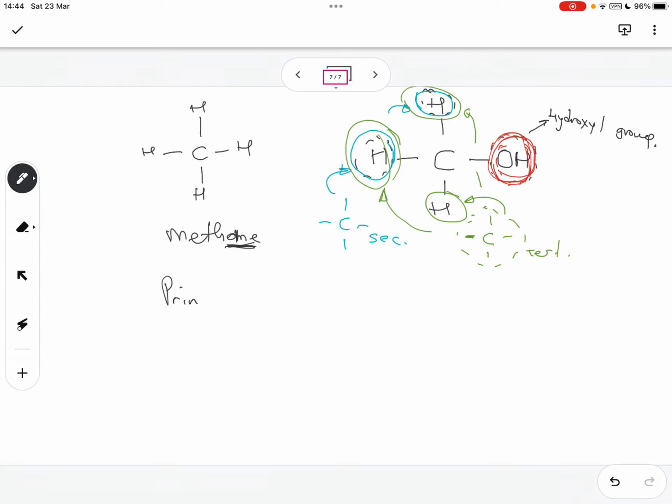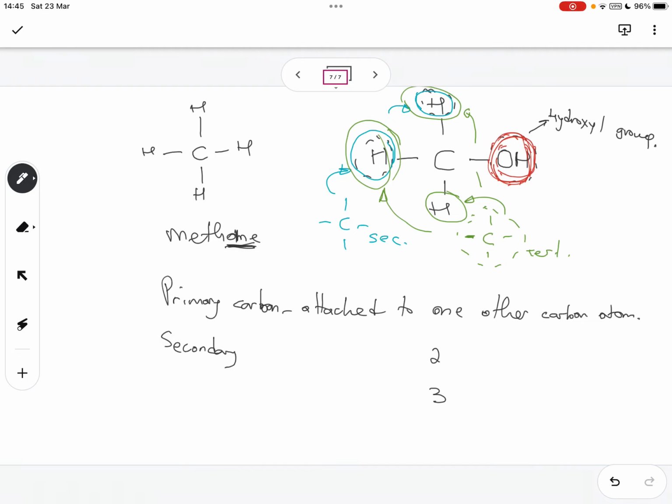So I think that's important to note. Then secondary is attached to two others, and tertiary would be three other carbon atoms.